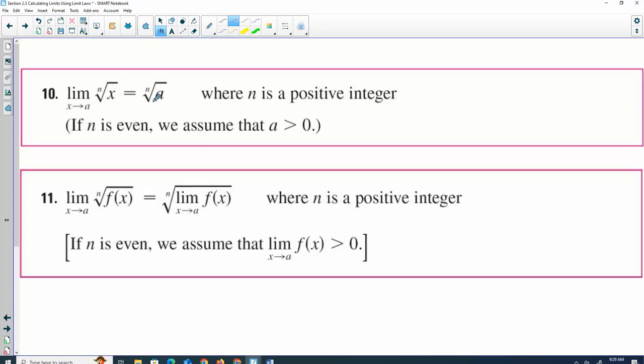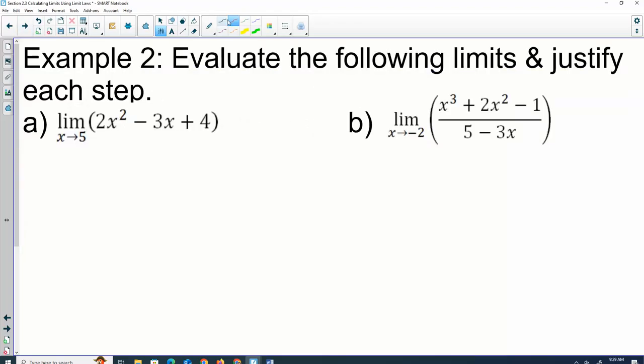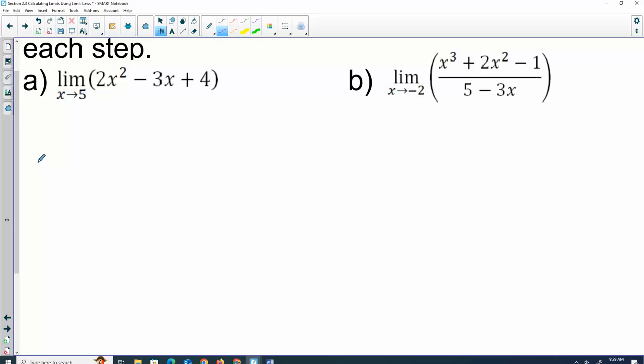All right, so let's take a look at a couple. If I want to evaluate limits and justify each step, I'm not going to make you write a proof and tell me this was limit law number whatever. But I want to break it up to show what we are doing.